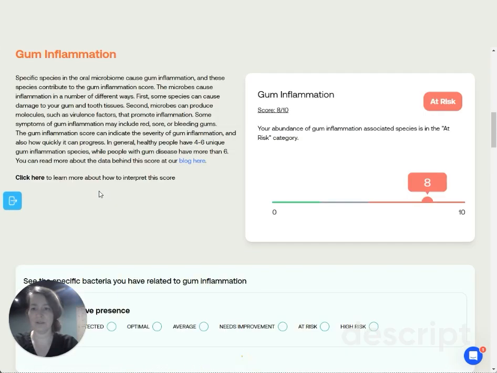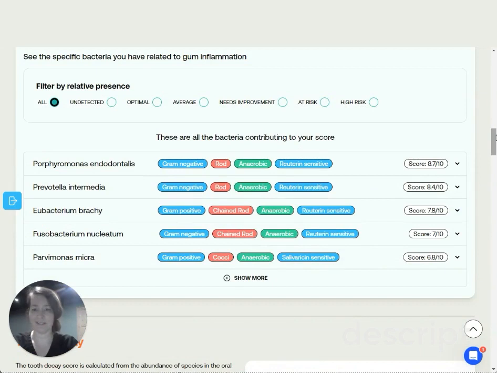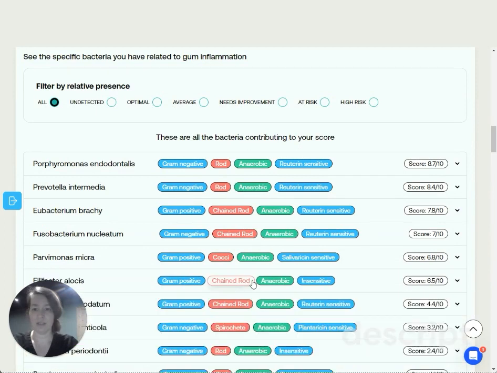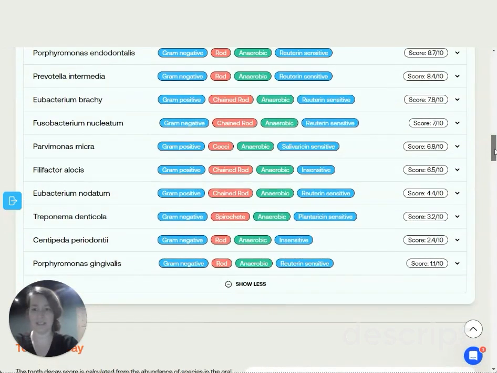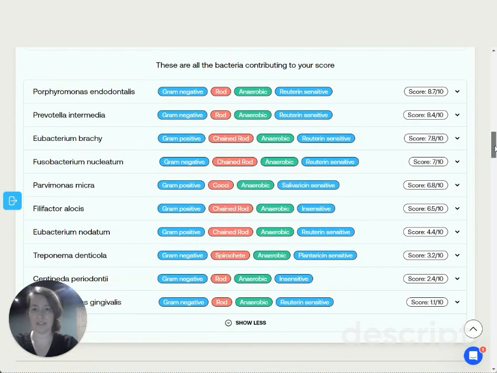So clicking into his gum inflammation score, we can evaluate what pathology is present in his specific oral microbiome and what's driving his inflammatory response. So within this category, you can open up all of the bacteria that are present and were detected. So as you can see, there's quite a few pathogens listed, some in the Porphyromonas family, Prevotella intermedia.